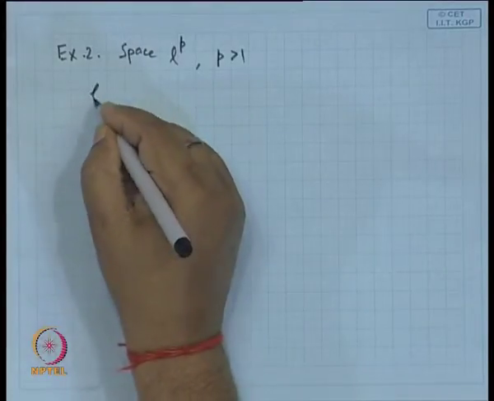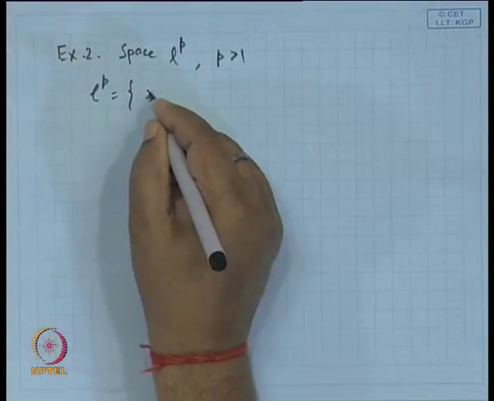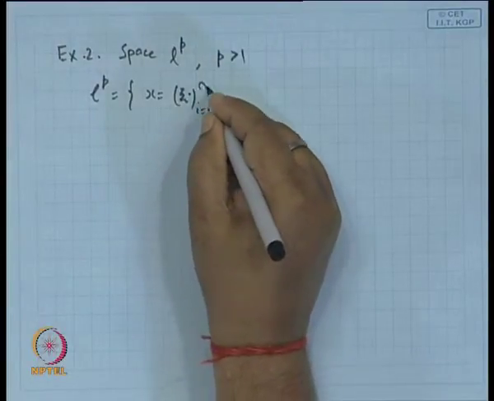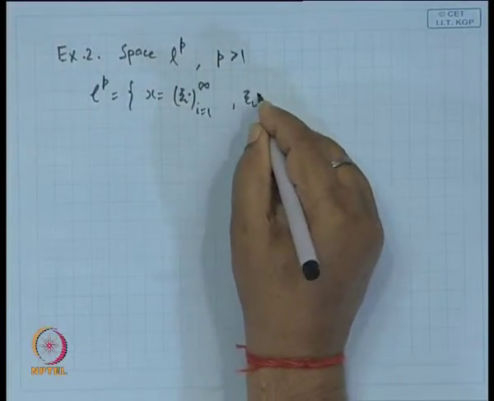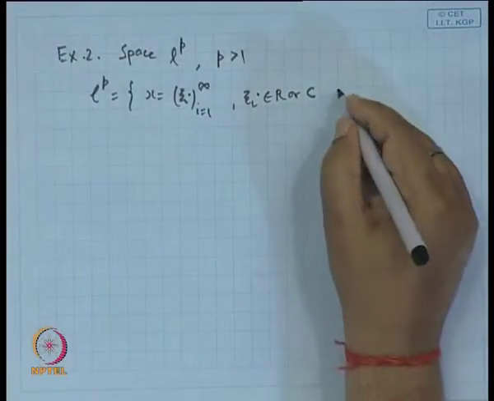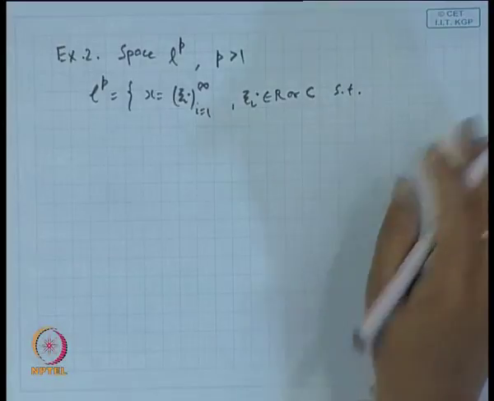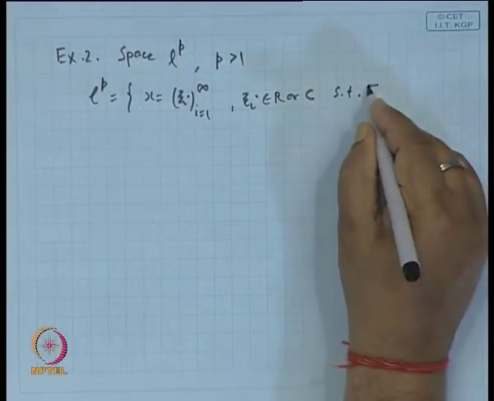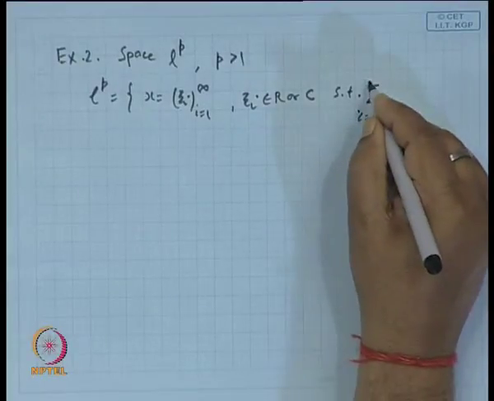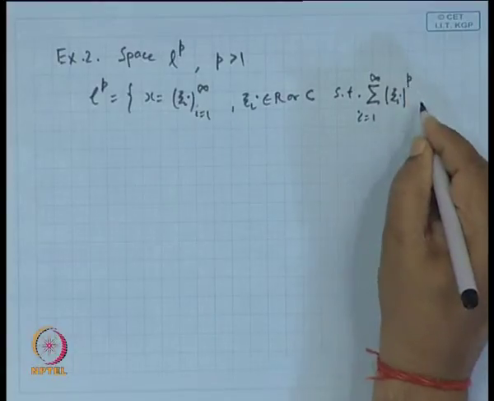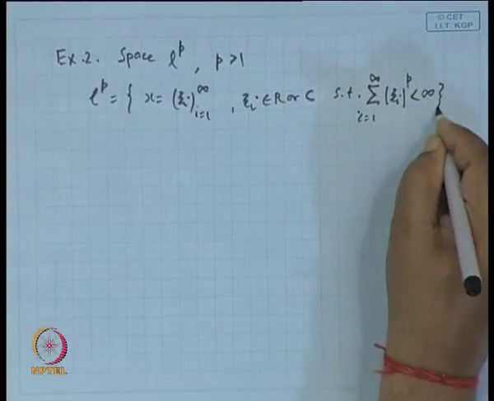The space l^p is the set of those sequences x, the xi's are real or complex numbers R or C, such that sigma i is 1 to infinity mod xi power p is finite.